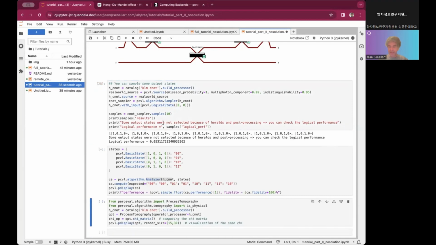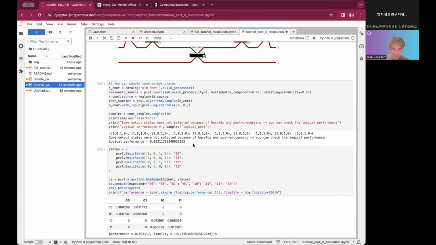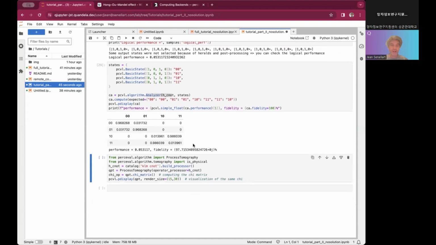I will do again the logical truth table, and it's more or less okay. So we still have one here. We have some mismatch here, and a fidelity of 97% with more or less the same performance.